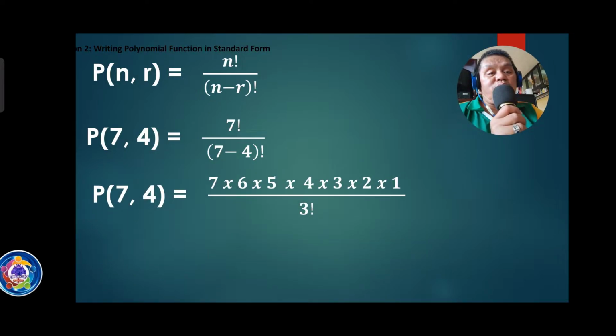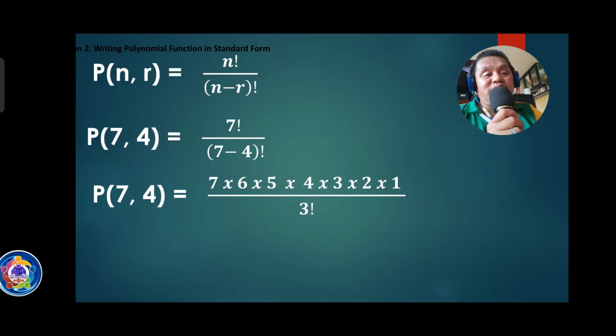You are going to expand 7 factorial, we have 7 times 6 times 5 times 4 times 3 times 2 times 1, all over, what is 7 minus 4? That is 3 factorial.